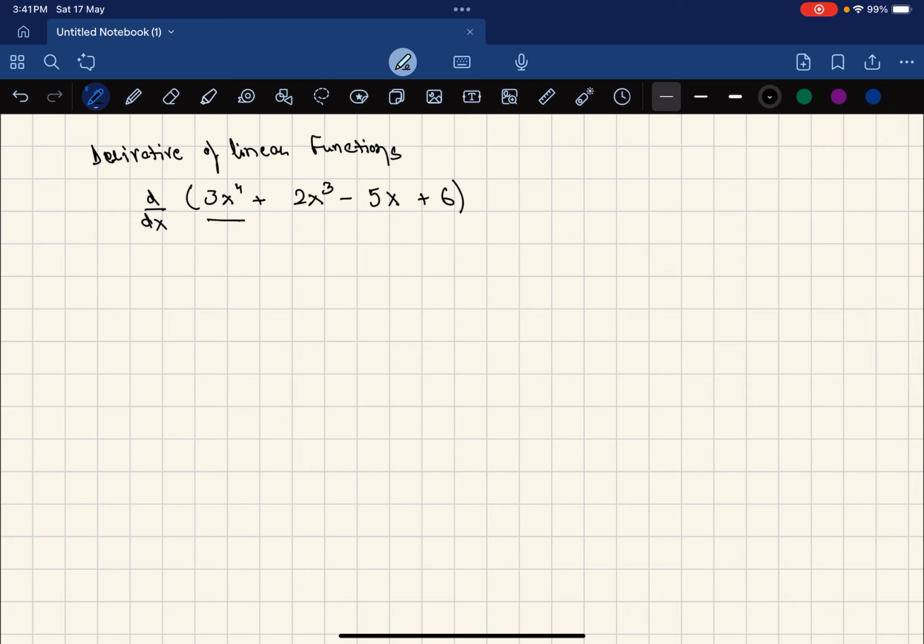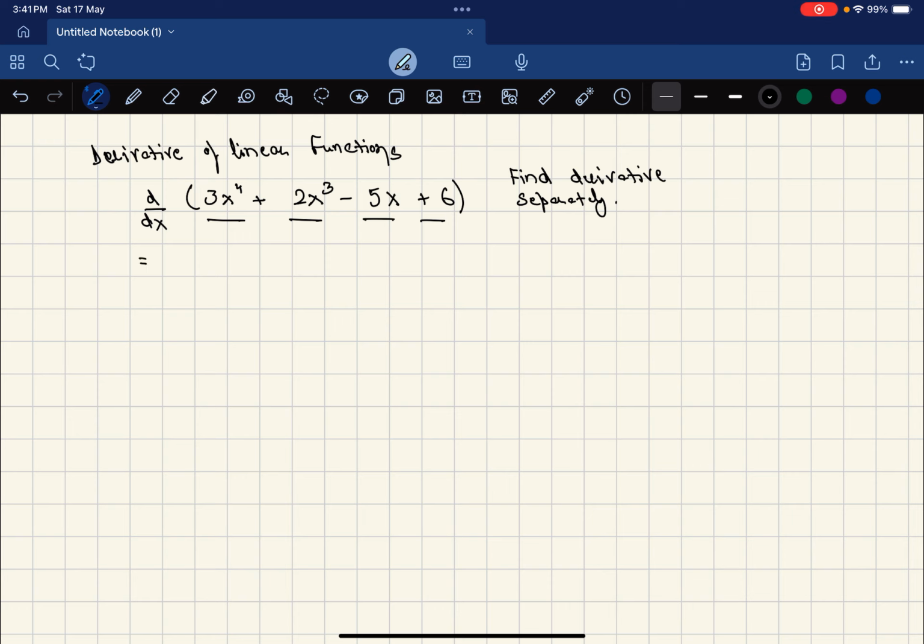Now there are 4 terms here, and we are either adding or subtracting them. So we can actually find the derivative of them. So find derivative separately and then use the same operator like addition or subtraction to finally add the answer or subtract the answer.